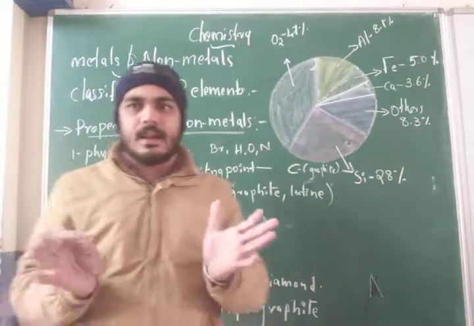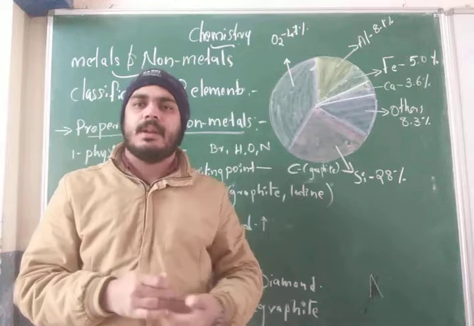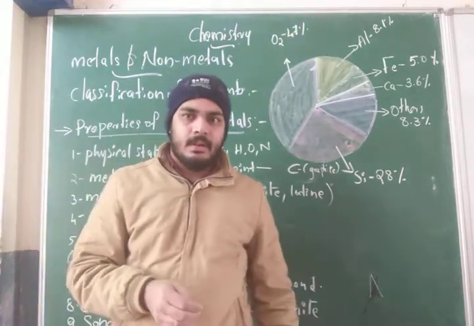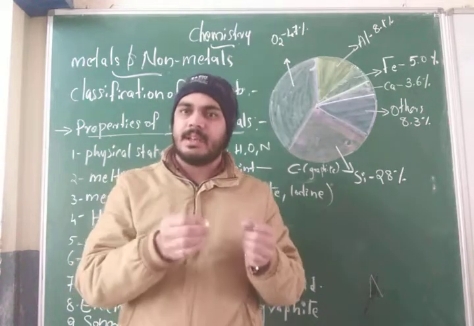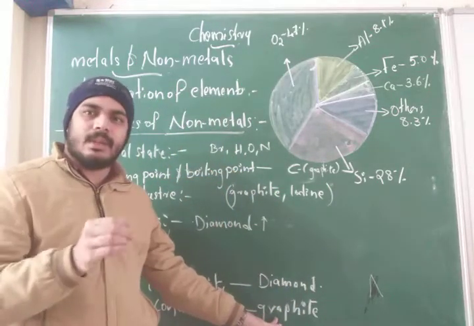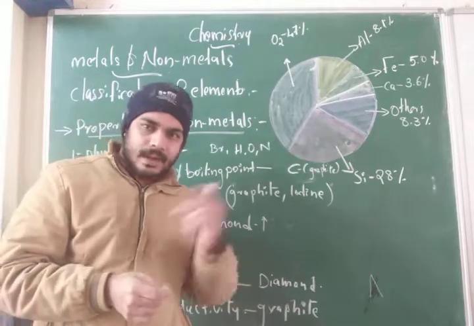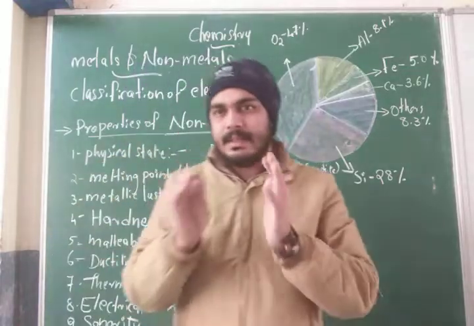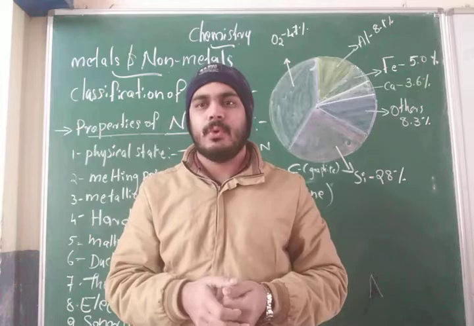Non-metals are bad conductors of electricity also, but graphite alone conducts the electricity. Non-metals are actually bad conductors of heat and electricity, and diamond and graphite are the only ones passing the heat and the electricity.